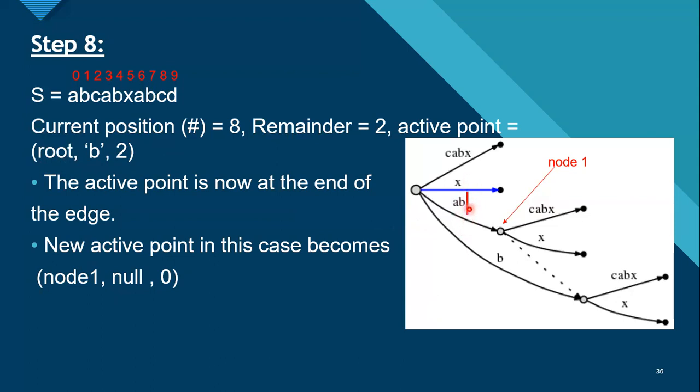If this case happens, we have to update the active point to be this internal node that the active edge is pointing to. So it becomes this node, node 1. So now the active point becomes node 1, null and 0.